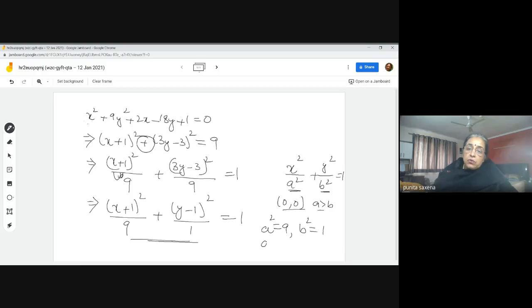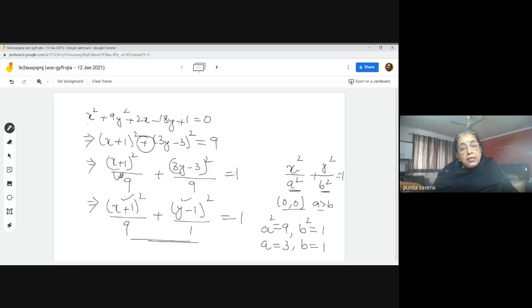So obviously your A, I'll take it as plus 3 because we have to extend on both sides of the center. So plus 3 units on both the sides. So I take A as 3 and B as 1 because we have to construct a box with A and B. And this term, the numerator of both the expressions, will give us the center. See here the center was 0, 0, right?